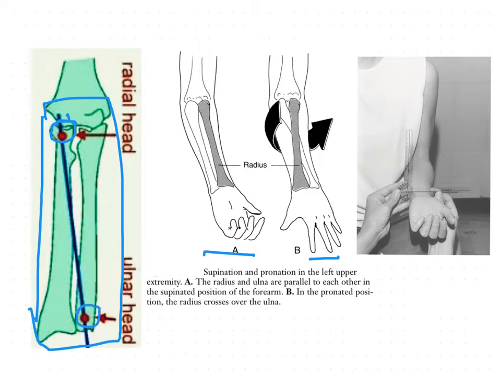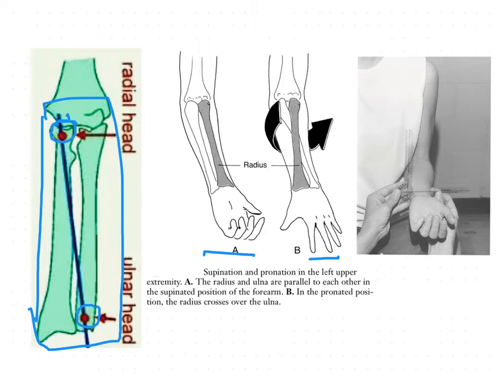That means it is a longitudinal axis which runs obliquely. So this axis is running obliquely from the center of the radial head to the center of the ulnar head. On this axis, the supination and pronation of the radio-ulnar joint take place.